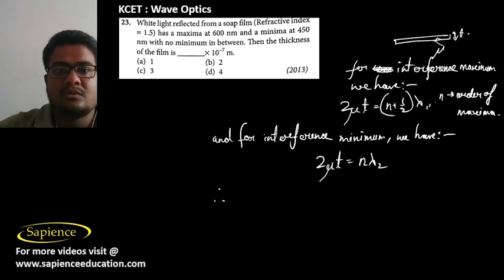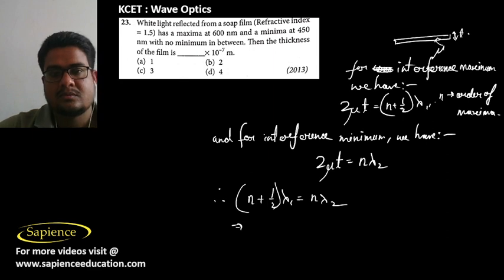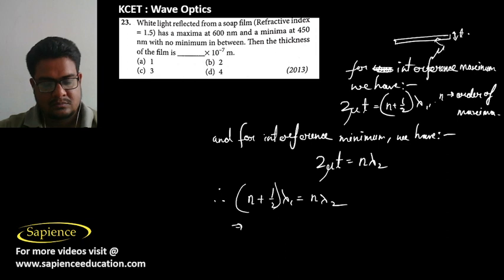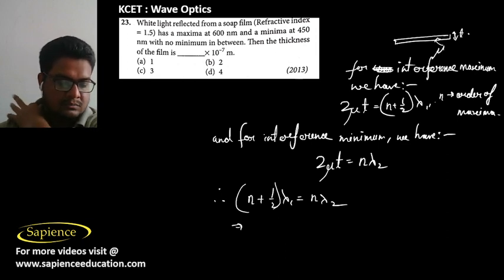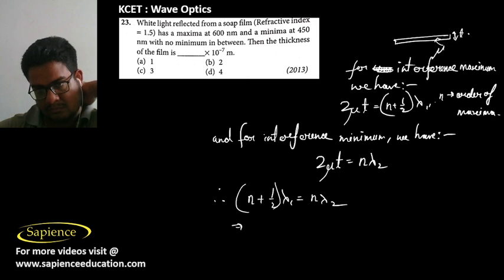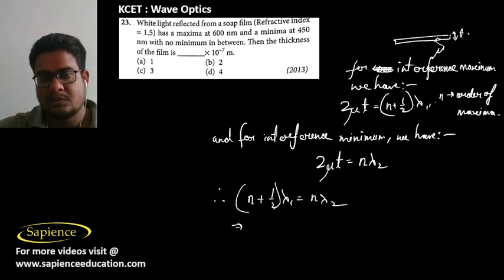Therefore the maxima is obtained for 600 nanometers. So I can say (n plus half) into lambda 1 is equal to n into lambda 2, and that is equal to 2 mu T.